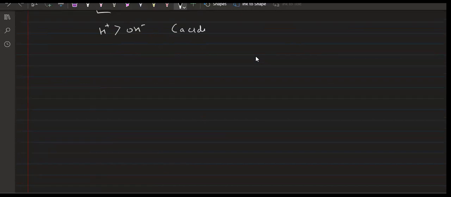If H plus is equal to OH minus, then the solution is neutral. And if H plus is less than OH minus, then the solution is basic. Yes or no? Agree? Okay. Very good.